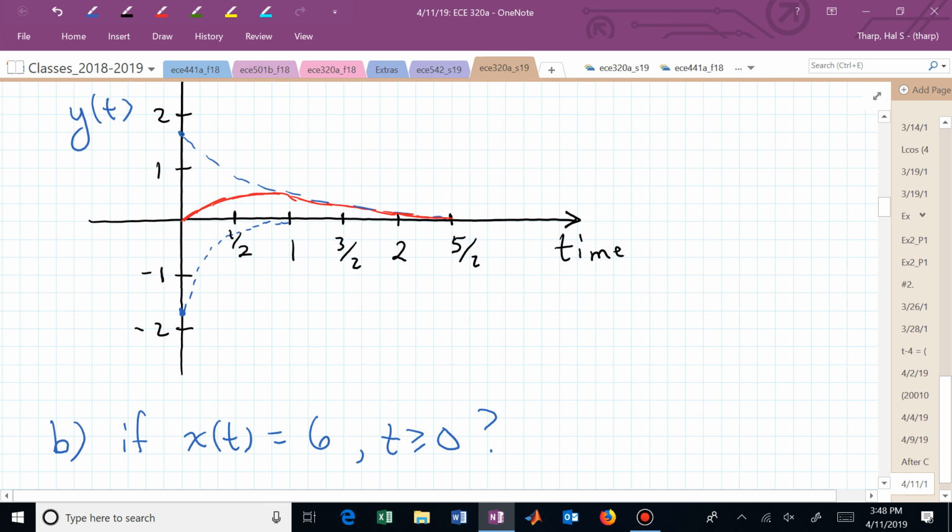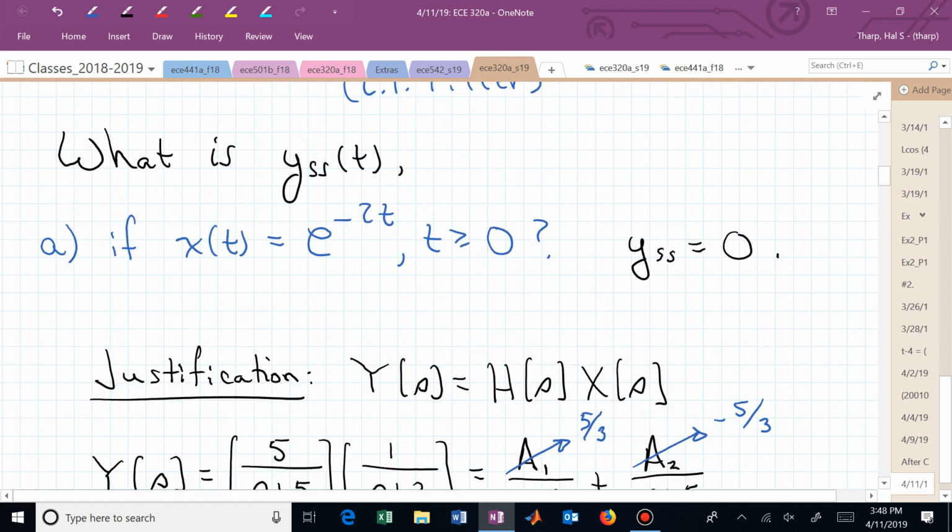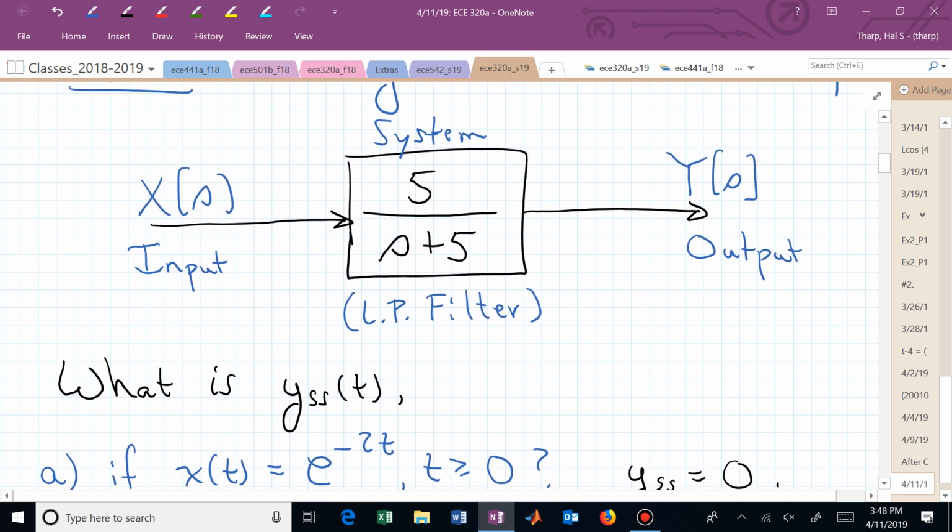So is this exponential? No. The mode, what's the mode here? It's constant, isn't it? It's DC. And if this is now DC, or if you now think, oh, I'm low-pass filtering a DC waveform, DC is 0 frequency, how does that system behave at 0 frequency?